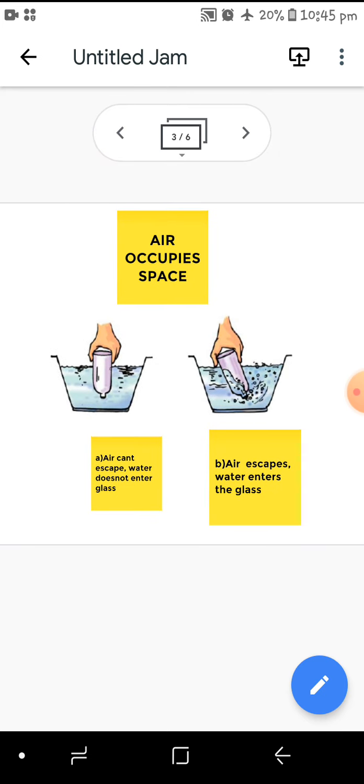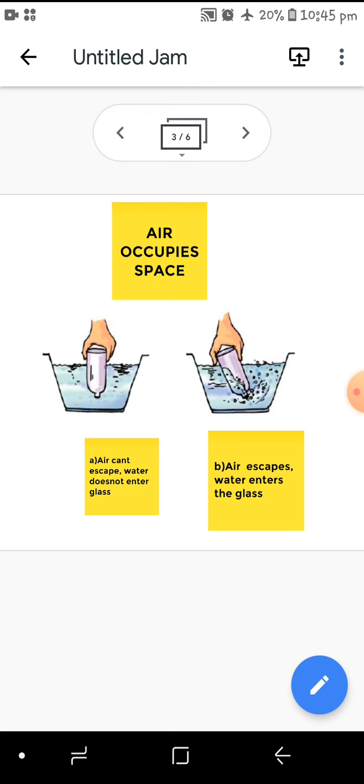All you have to do is take an empty glass, hold it in an inverted position with its open mouth facing downwards. Now you dip the open mouth of the glass into a vessel filled with water, like this.